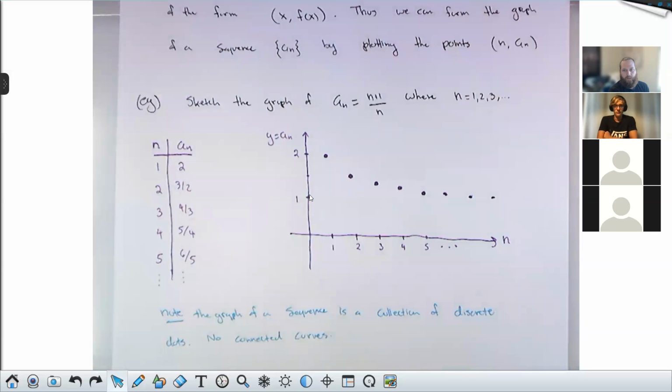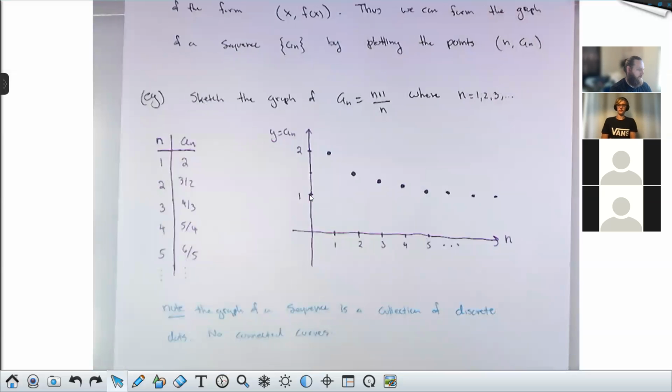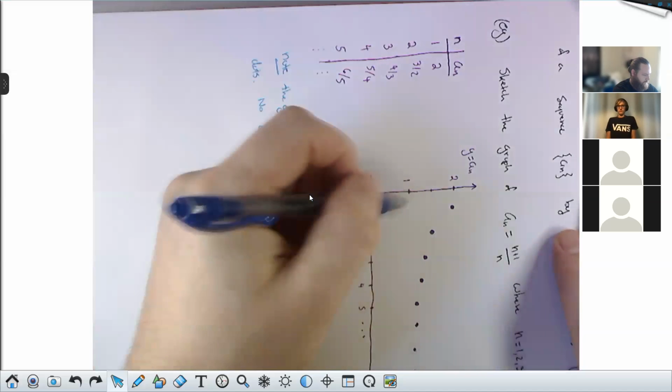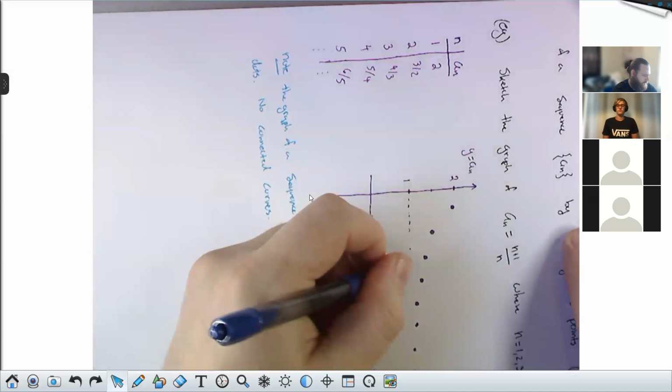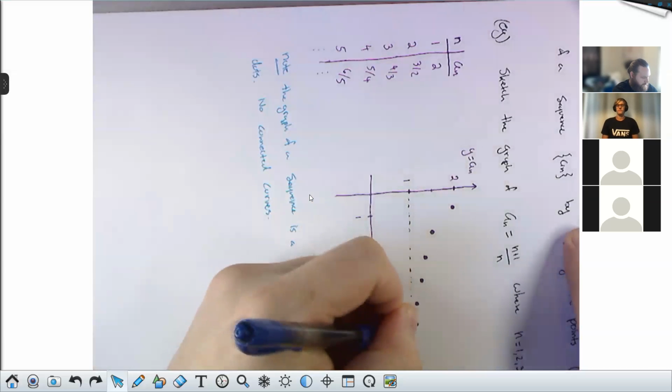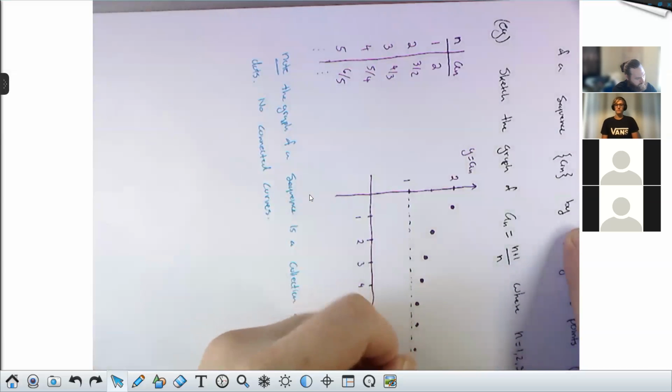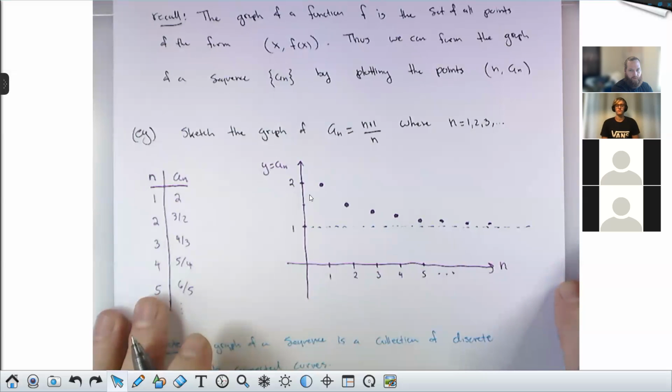I think this would be a pretty reasonable guess. And they appear to be getting closer and closer to this horizontal line.